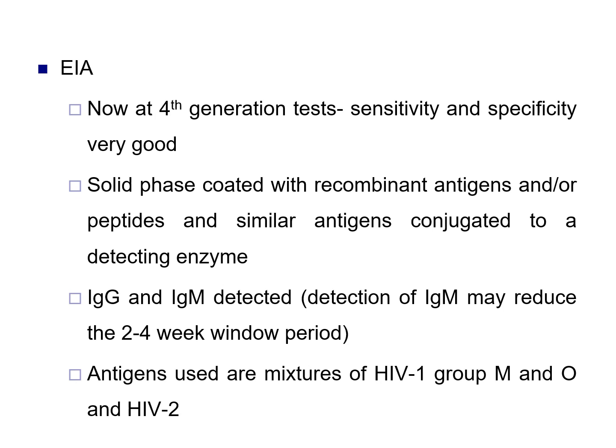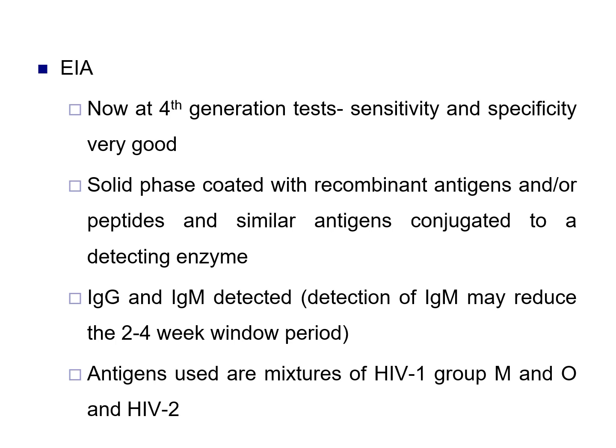EIA, so that means enzyme immunoassay. This is a general test that can be used to detect antibodies. They are now fourth generation, so that means it's very sensitive, very specific. There is a solid phase, it can be a particle, it can be the test tube itself, or it can be the micro tube.